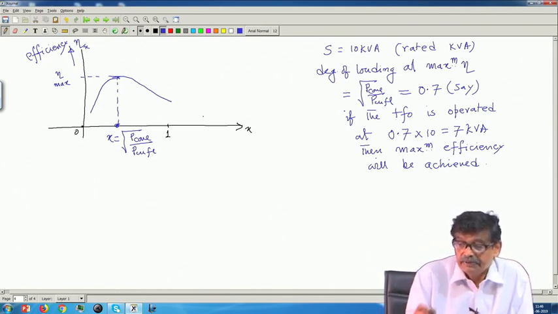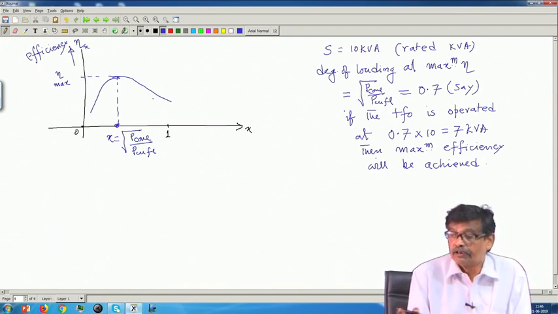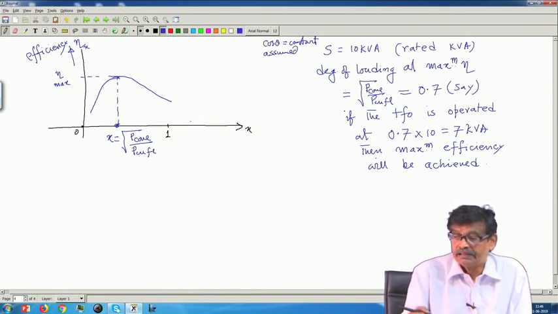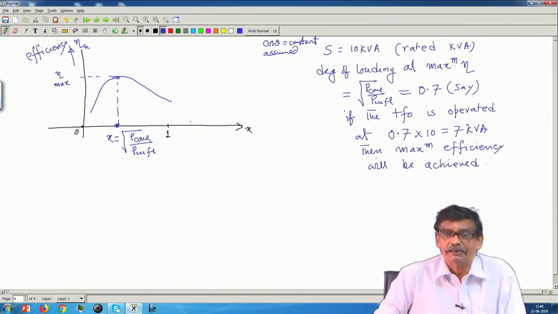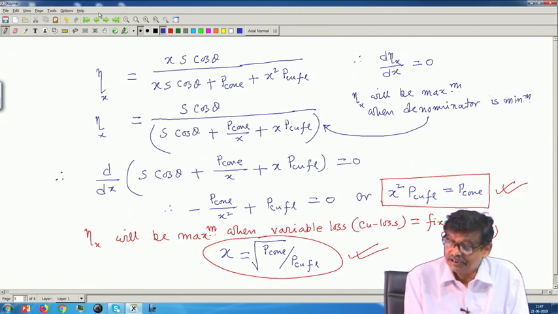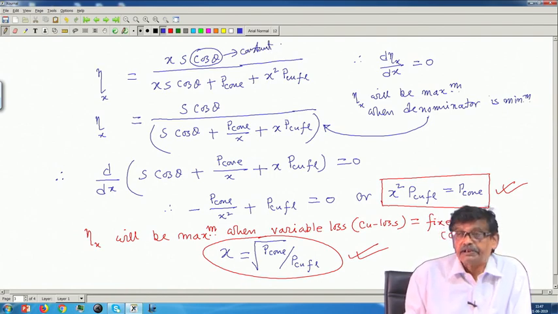This curve is true for a fixed power factor angle, cos theta constant. Recall that this cos theta was assumed to be constant in this whole derivation.